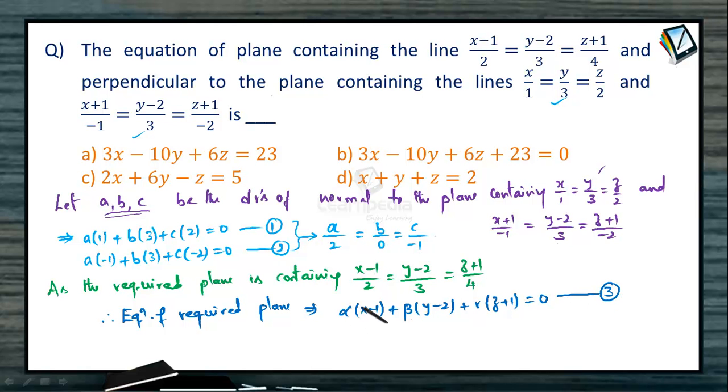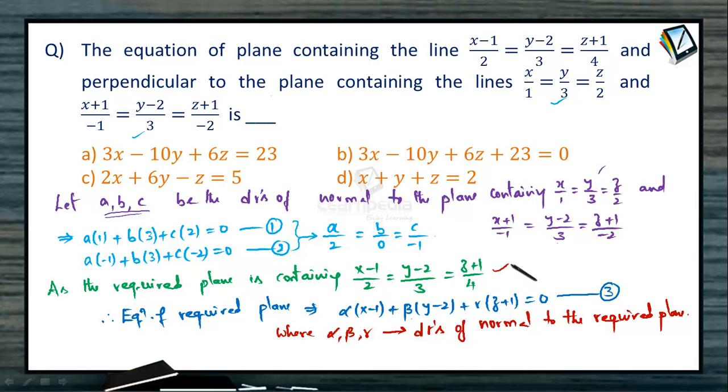We have to find the suitable values of alpha, beta and gamma so that we get equation 3, right? Now how is this plane? This plane is already containing the given line. That means alpha, beta, gamma are the drs of the normal to the required plane, and the problem is to find the values of alpha, beta and gamma only. But what are the conditions to get these values? Yes, the first condition is this line is lying on the plane.